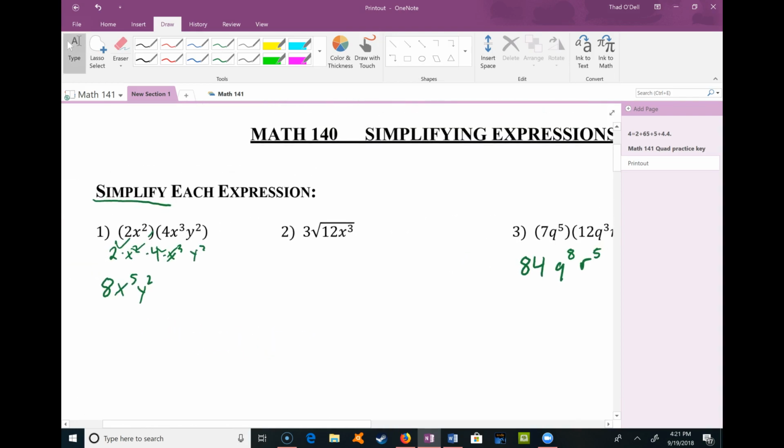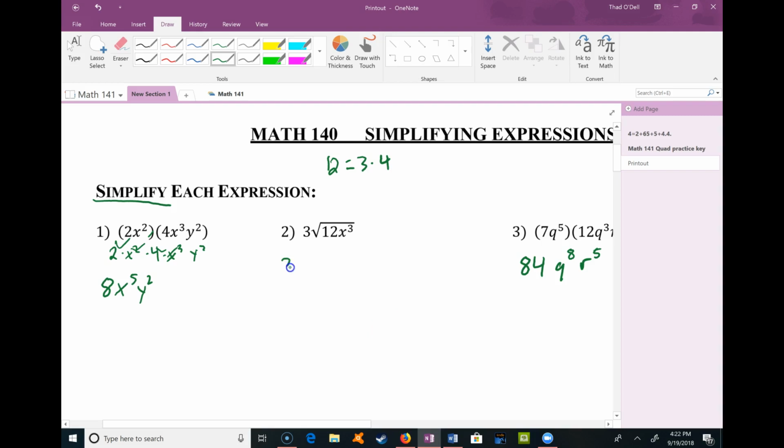Here we have nothing but multiplication going on, but there are some square roots involved. One of the concepts we need to think about here is that it's not considered simplest form to leave a square root with a perfect square factor in it. When you look at this, 12 has a perfect square factor in it because 12 is equal to 3 times 4, and 4 is a perfect square.